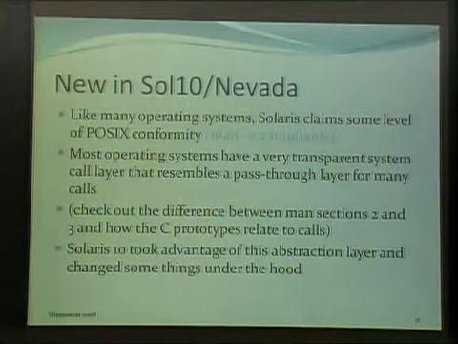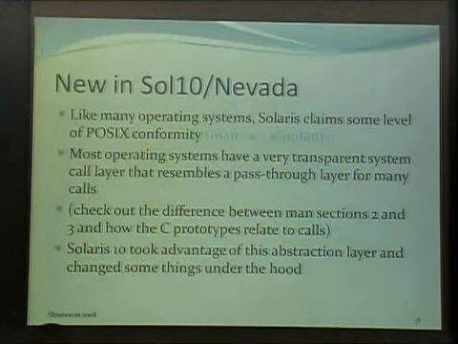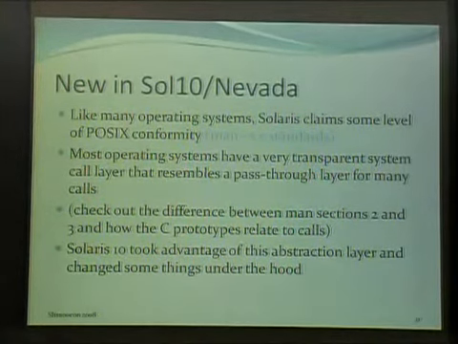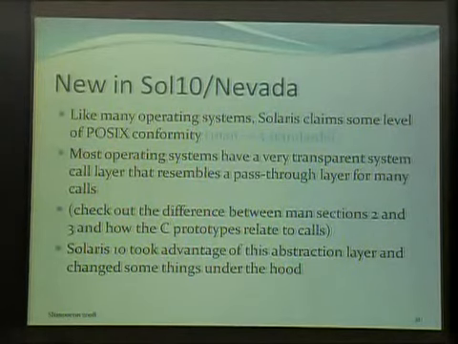It's kind of a pass-through layer. Check out the differences between C prototypes in sections 2 and 3, and how the calls actually work. There's very little translation that has to happen there in most OSs. So Solaris is taking advantage of this abstraction layer, and they're saying, we'll provide you this API at the higher level, and we will then actually perform the actions however we want down at the lower layers and accomplish the same goal.